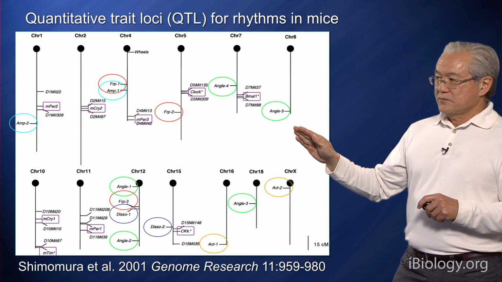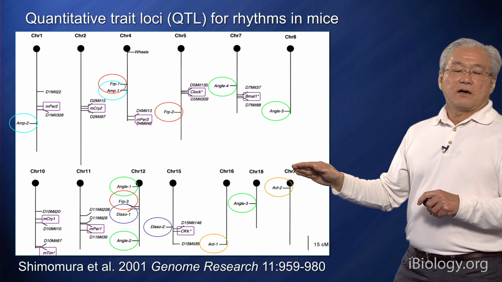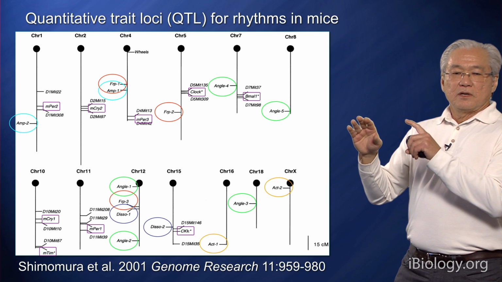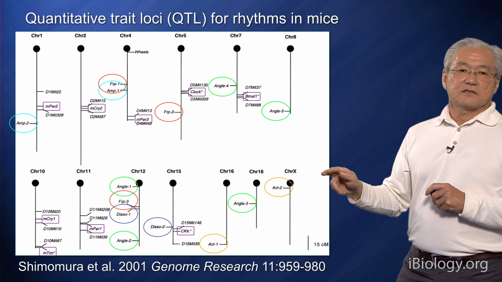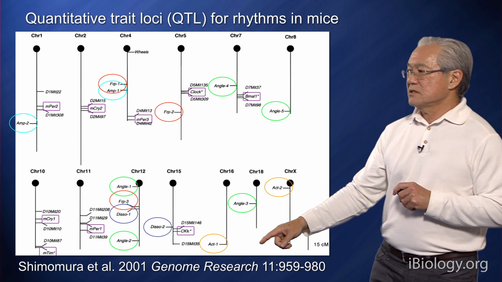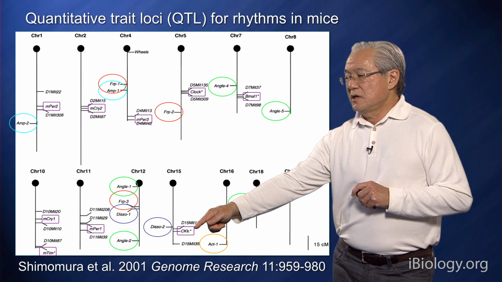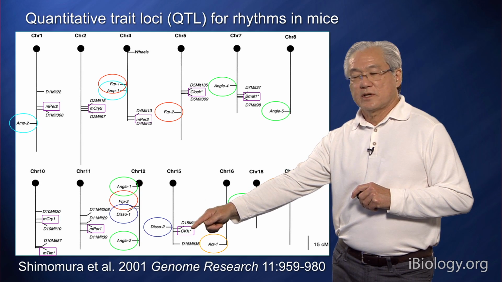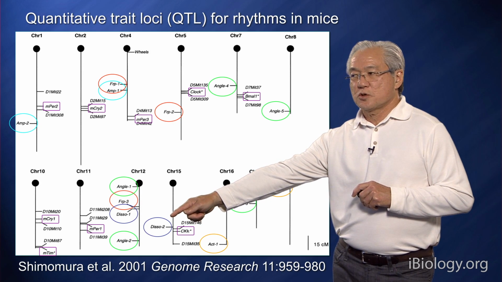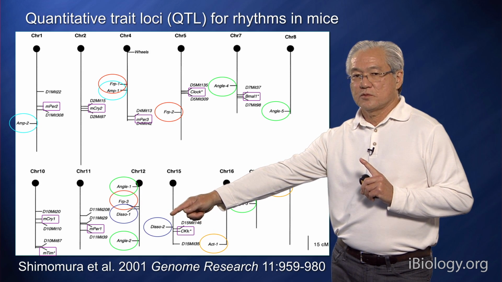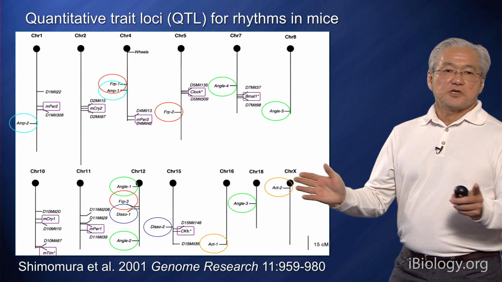And what's interesting is their locations are essentially in regions of the genome that don't contain known clock genes. There's only one case where there's an overlap between a known clock gene, casein kinase 1 epsilon on chromosome 15, and one of these quantitative trait loci or QTLs for rhythms. All the rest of them defined new genes.